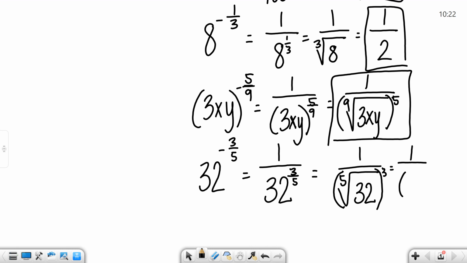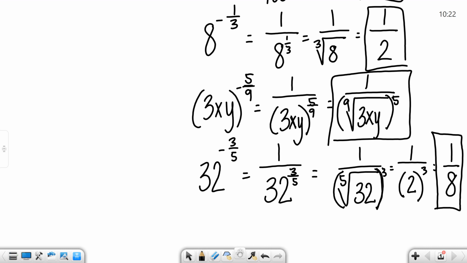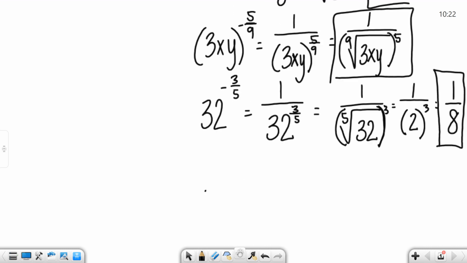Well, the 5th root of 32 is 2, and then we cube that, so 2 cubed is 8. So we end up with 1/8. All right, these just take some practice.